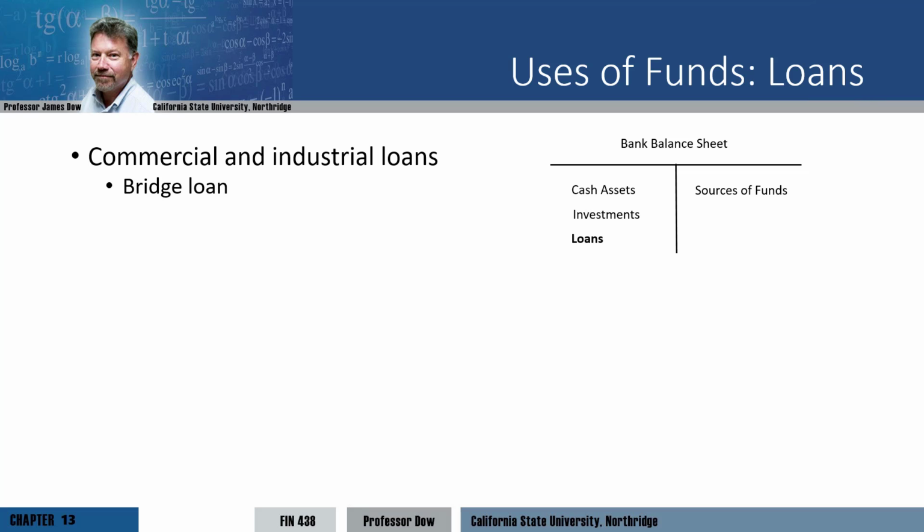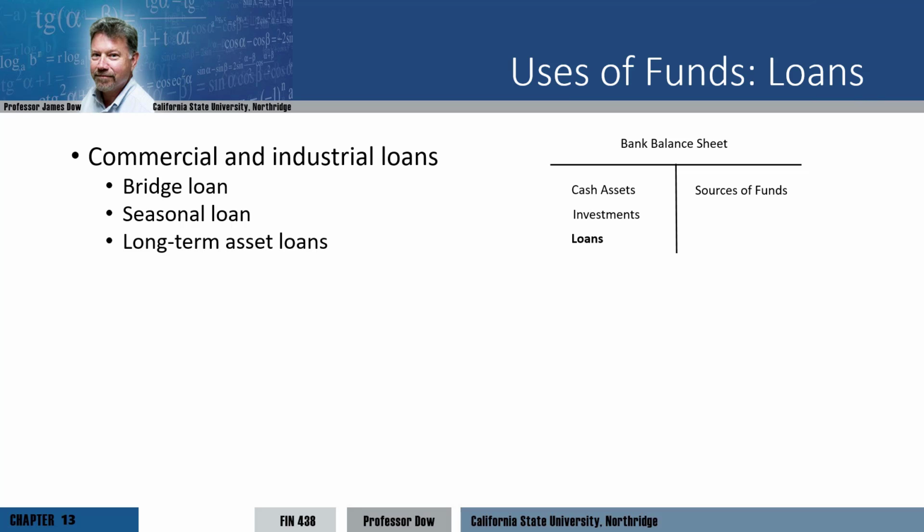A bridge loan is used to temporarily fund an activity until the revenue from the activity comes in. A seasonal loan is also a temporary loan that covers a mismatch in costs and revenue because of seasonal fluctuations in either. For example, a retail store may need to purchase inventory in October to fund Christmas sales in December.